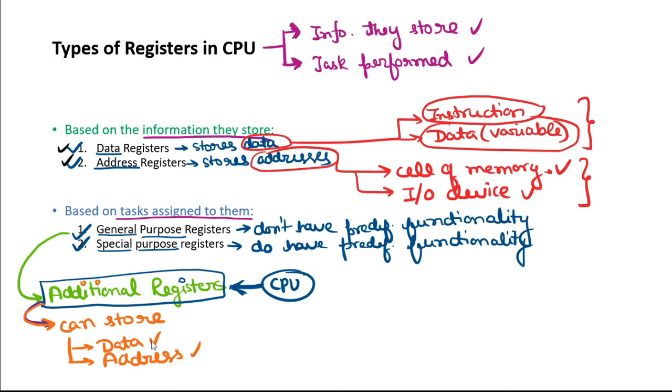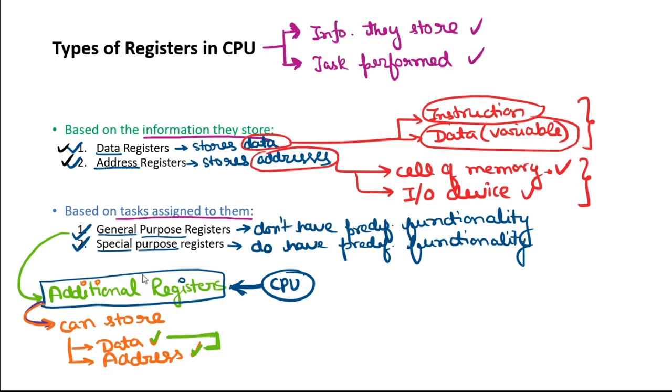Now we are seeing the benefit of having the width same for data registers as well as address registers, because if address registers were having different size, then it would be kind of hard, right?